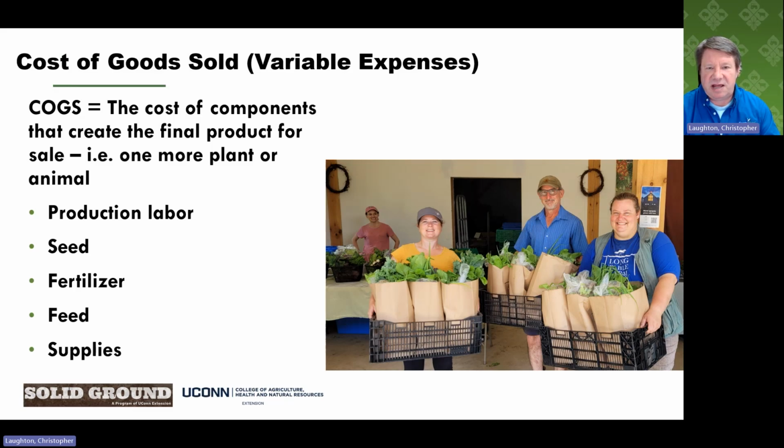It would include the production labor to put it together, to water it. It would include the fertilizer. Basically all the components that go into that product to make one more unit of output, if you want to use those terms. Everything that goes into that is referred to as a variable expense or a cost of goods sold. And sometimes that goes by the acronym COGS.